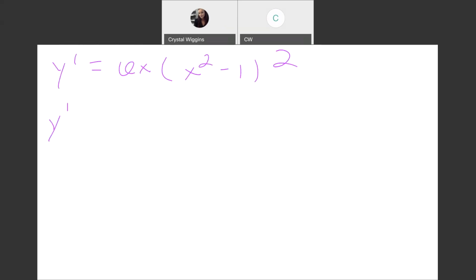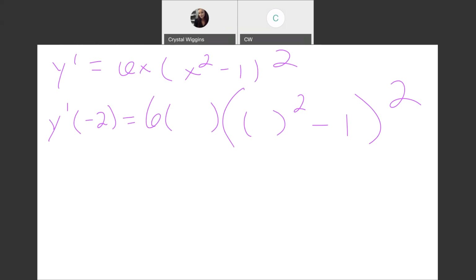So the derivative at our first test point is -2. Okay. So we're going to put -2 in for every x. Put that in.